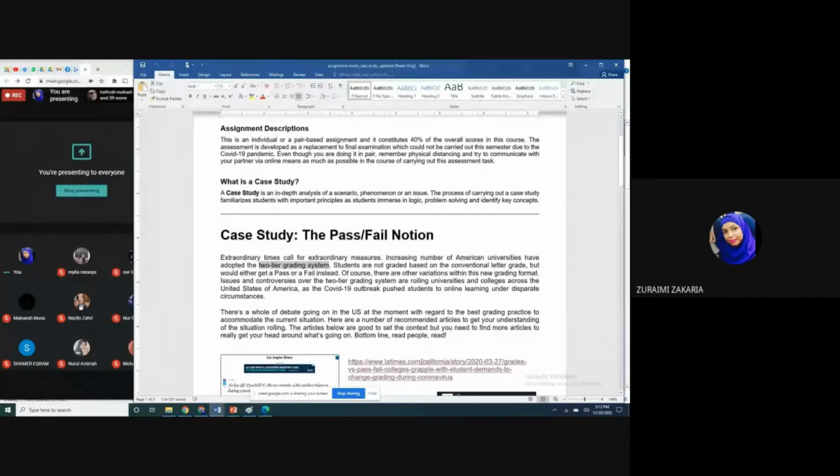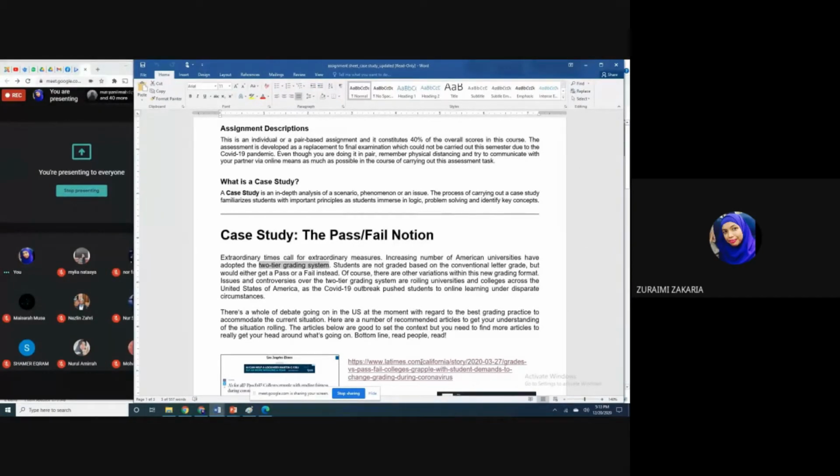Apa maksud 2-tier grading system? What they had in the past was similar to what we are having now, which is the sort of like CGPA system lah. It's not CGPA tapi lebih kurang maksudnya kita ada pass, fail, lepas tu those yang pass dia ada grading A, B, C dan sebagainya.